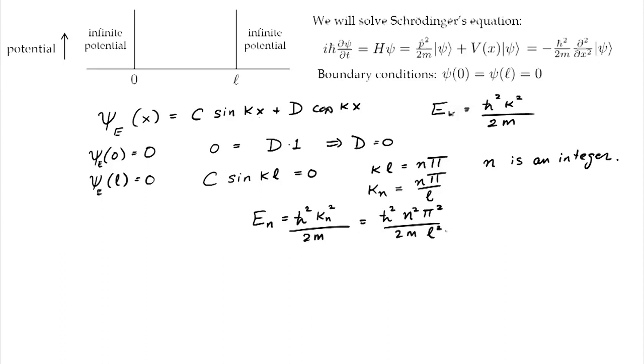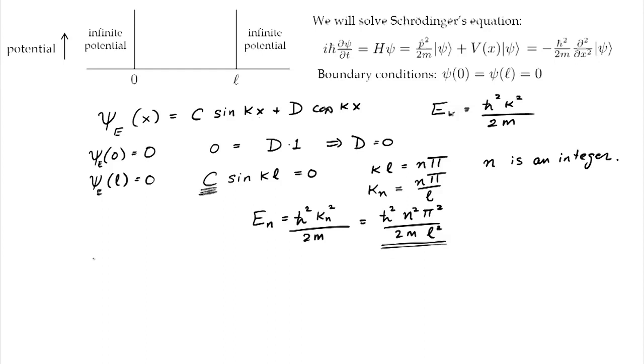Okay, so the energy is quantized and must come from one of these discrete set of values. Now we can ask, are we done? And the answer is not quite, because we also have to normalize. We must normalize our wave function, and that's going to determine what c looks like.